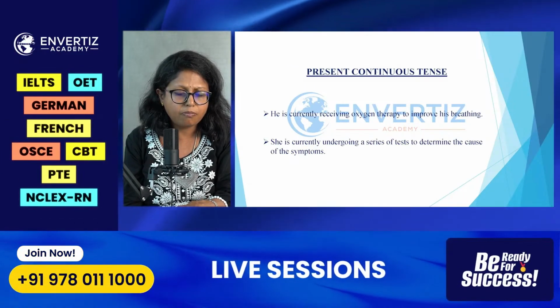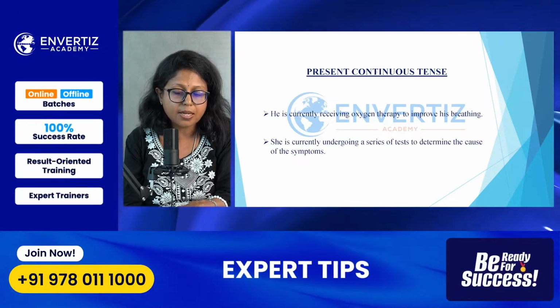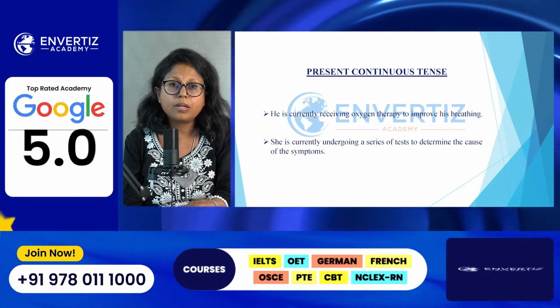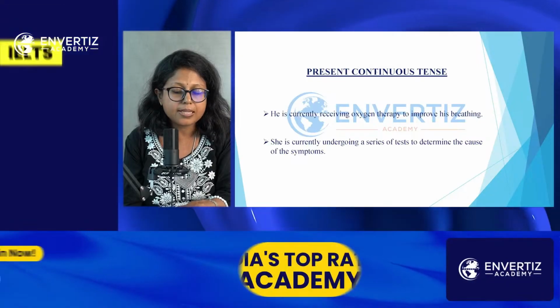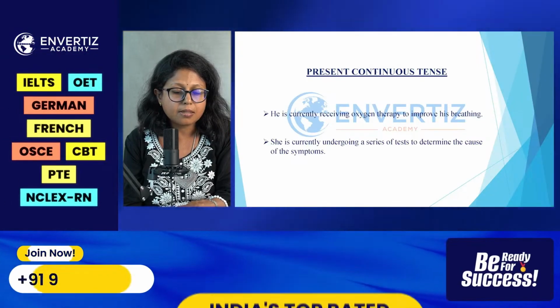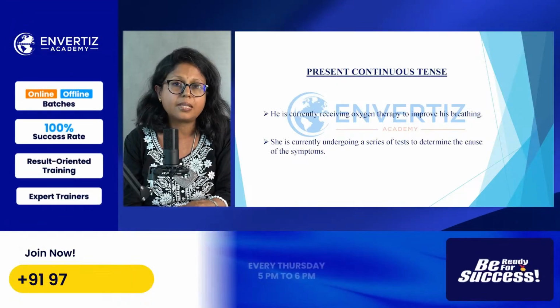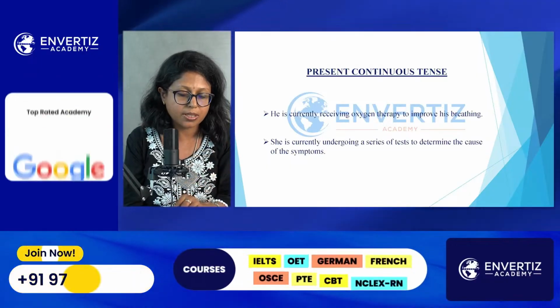One more sentence. She's currently undergoing a series of tests to determine the cause of the symptoms. So that's another sentence where we say that something is happening now, and it has no relation to the past. So it's currently receiving oxygen. So it shows that presently the person is receiving oxygen.